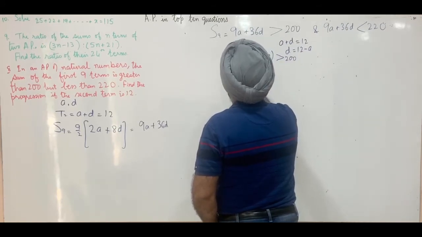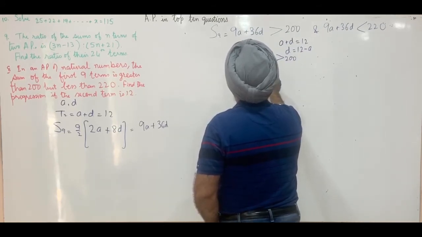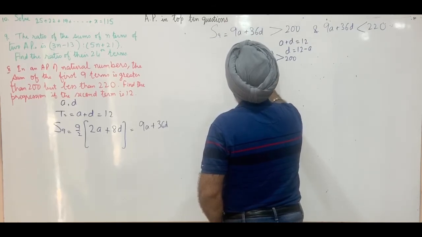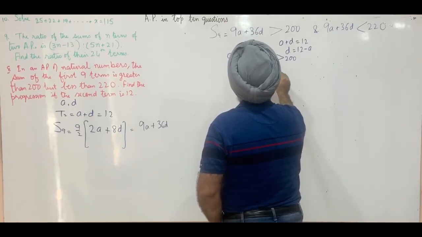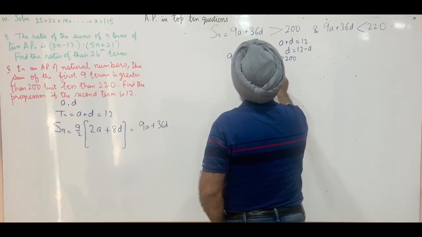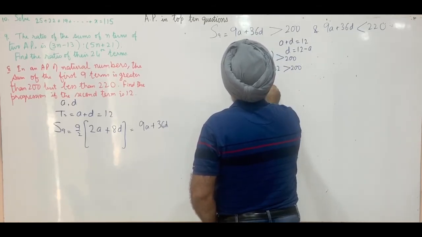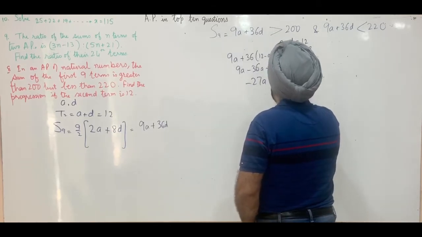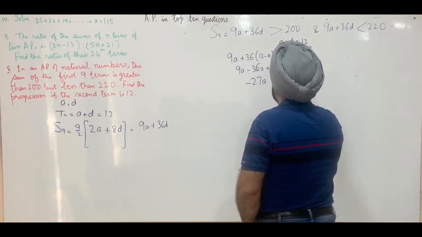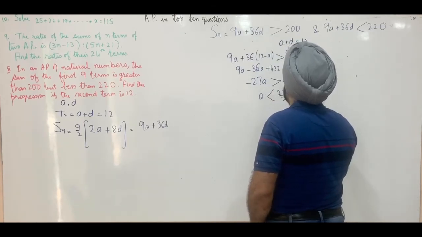This is 9A minus 36A plus 432 greater than 200, so minus 27A is greater than minus 232, or A is less than 232 upon 27.